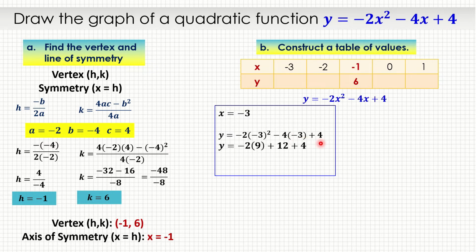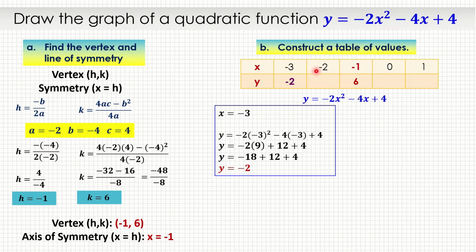Simplifying that one, it will give us negative 2 times 9 plus 12 plus 4, which is equal to negative 18 plus 12 plus 4. Therefore, our y is equal to negative 2. So that is the first value of y, in which x is equal to negative 3.